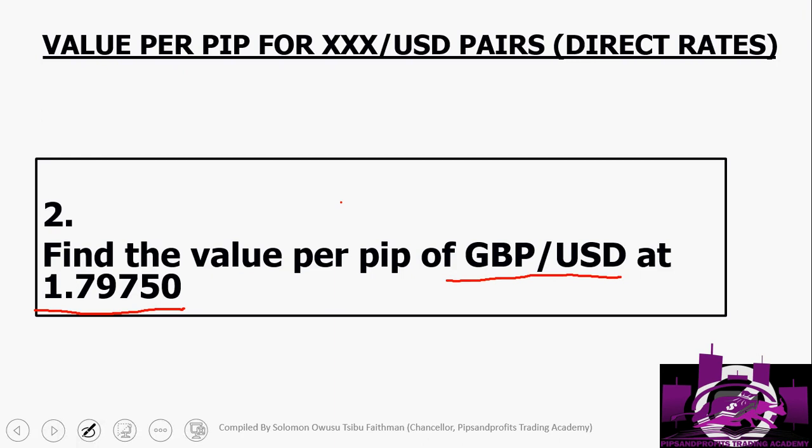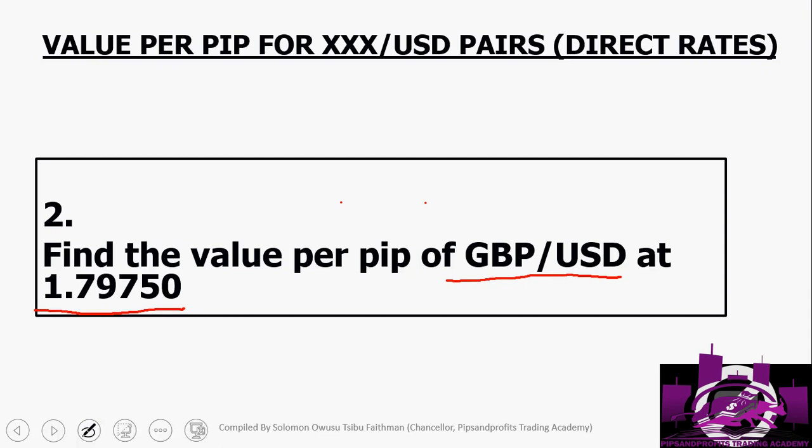0.00001. Are you sure you did it well? 0.001, 0.001, 0.001. Very good. That is the answer. The answer is 0.001. Very simple.